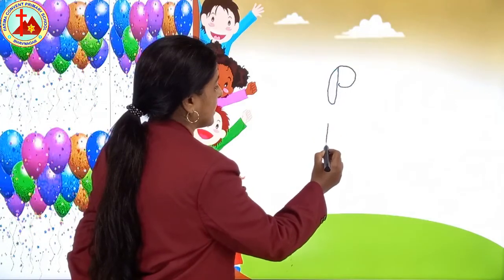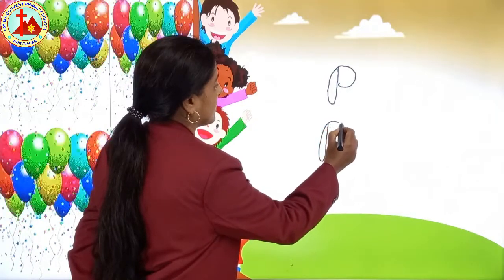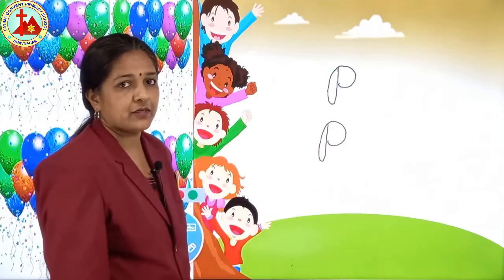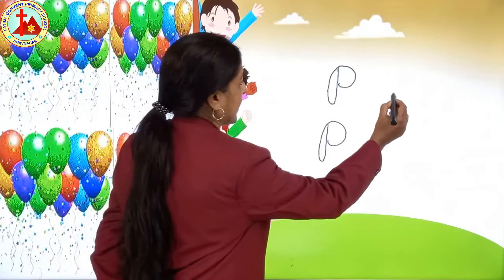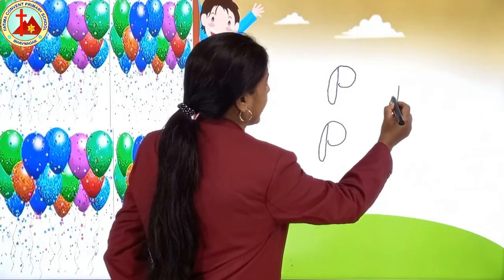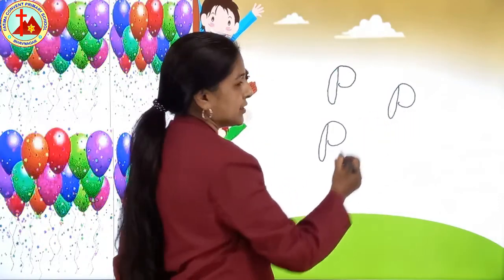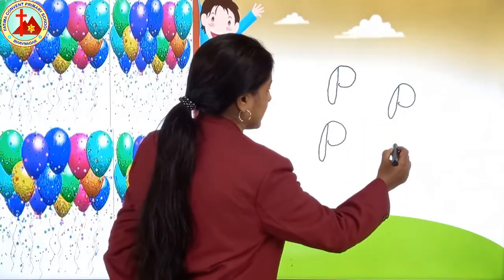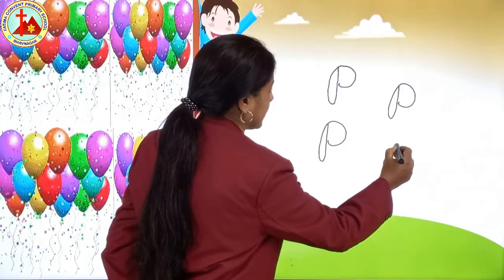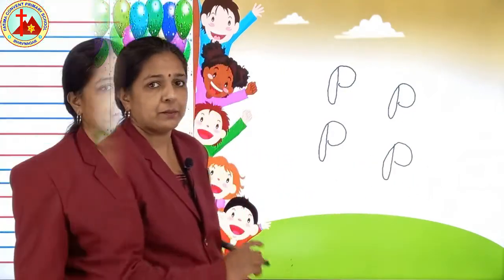Standing line, loop outside, up, curve inside, P, cursive capital P. Again, standing line, loop outside, inside curve, cursive capital P.